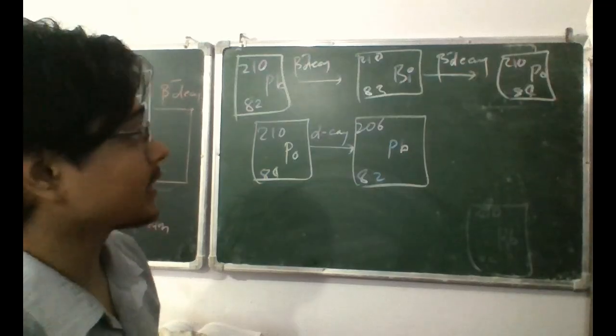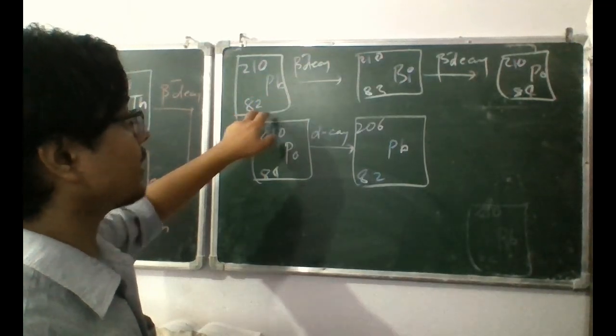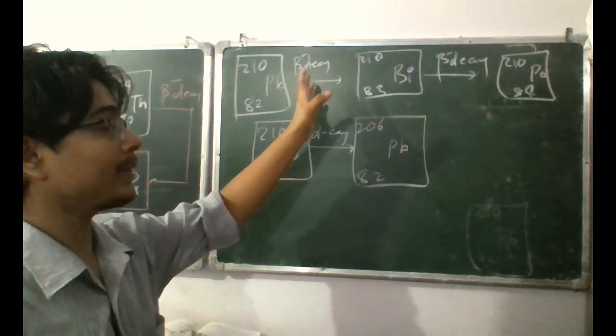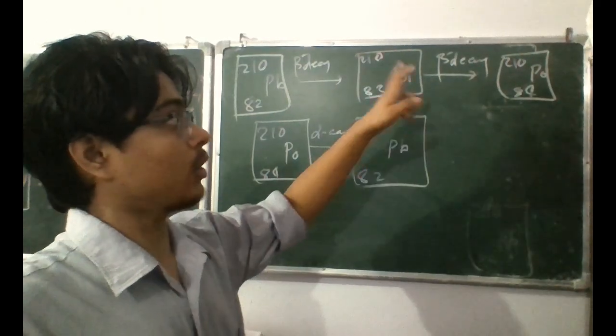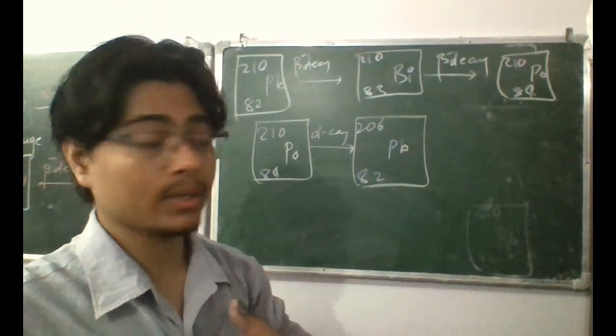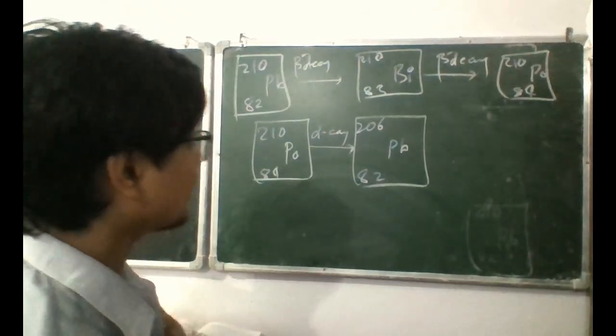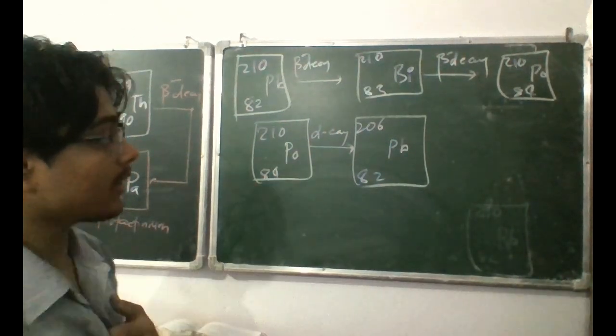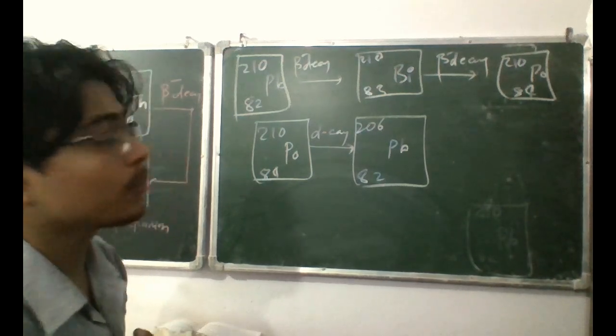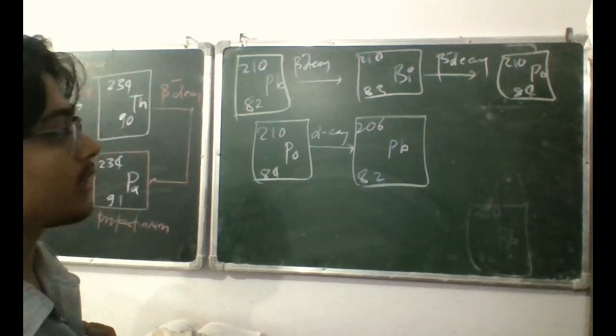Now these are the corresponding steps. First of all, this lead 210, 82 would do a beta decay to get bismuth 210, and that would again do a beta minus decay, and that would give us polonium 210, 84. And again, this polonium 210, 84 would do alpha decay to get the stable end product, lead 206, 82.